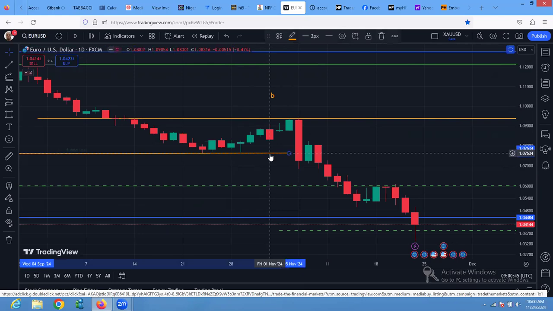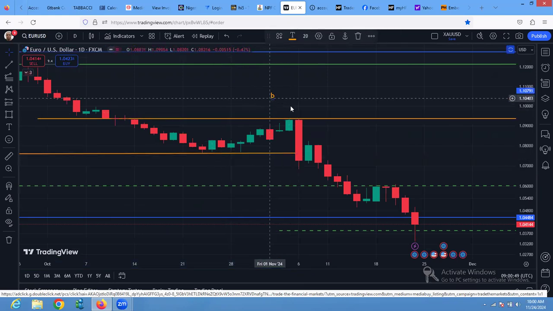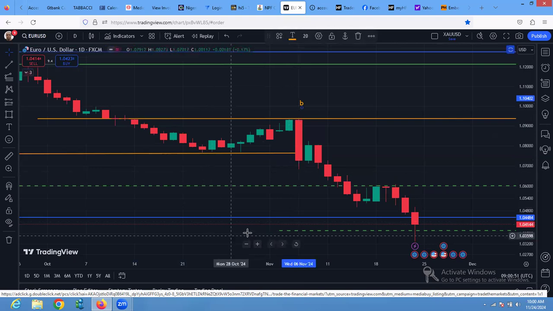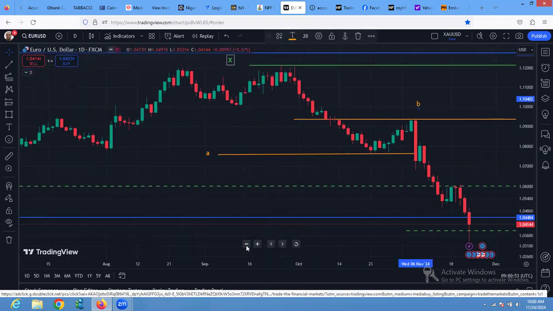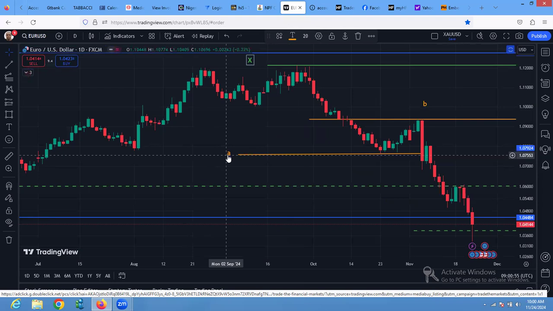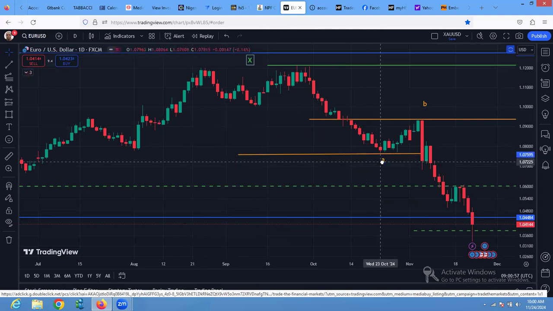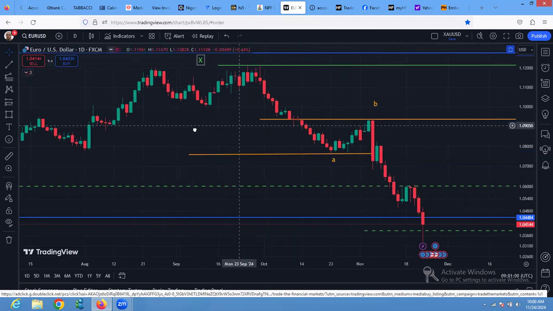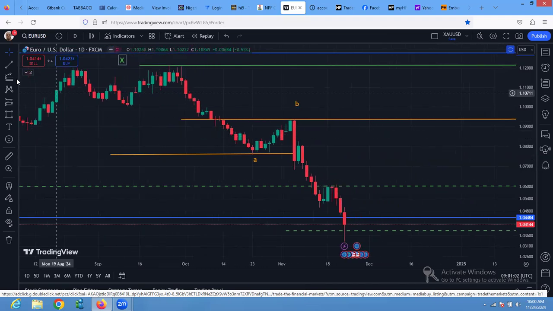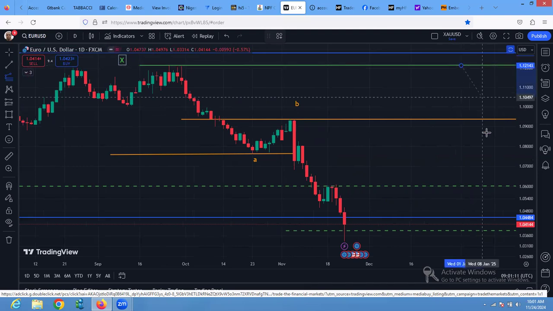So this is A and this is a shallow B. Very, very shallow B. So that's what we have. And let's look at the Fib relationship, or Fib extension, that we're going to get.